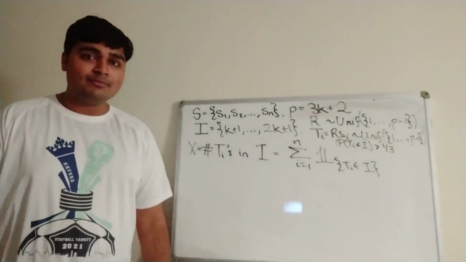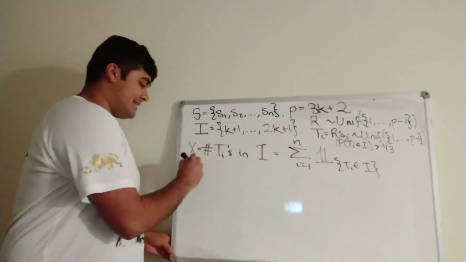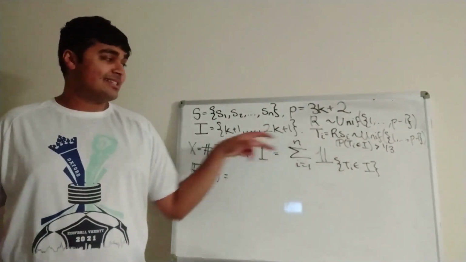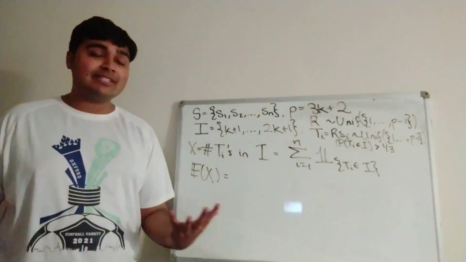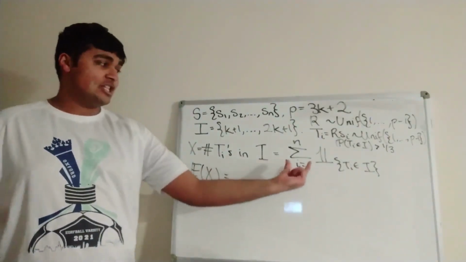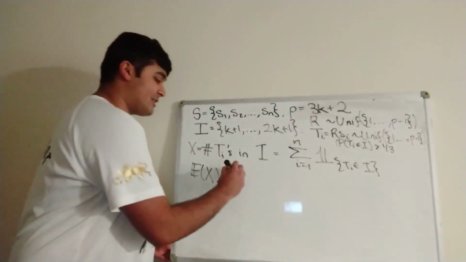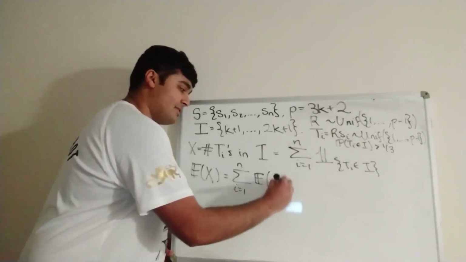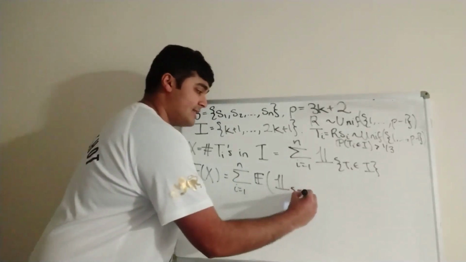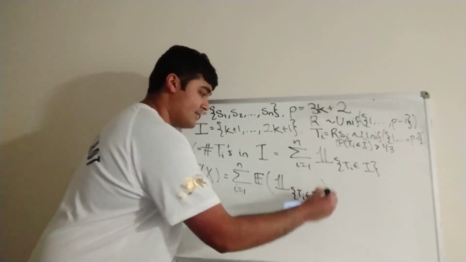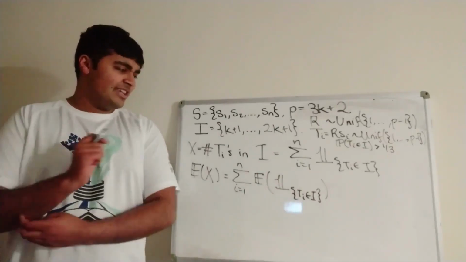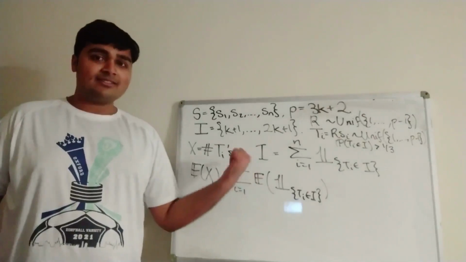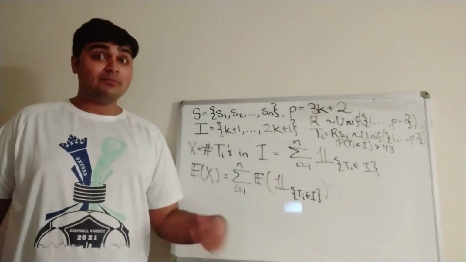The next thing we want to do is compute the expectation of X. So the expectation of X is simply the expectation of this sum. But now we can use linearity of expectation to swap the expectation sign and the summation. So this is just the sum from i equals 1 to n of the expectation of the indicator function of t_i being in I. Well, what is the expectation of that indicator? It's 1 times the probability that t_i is in I, plus 0.